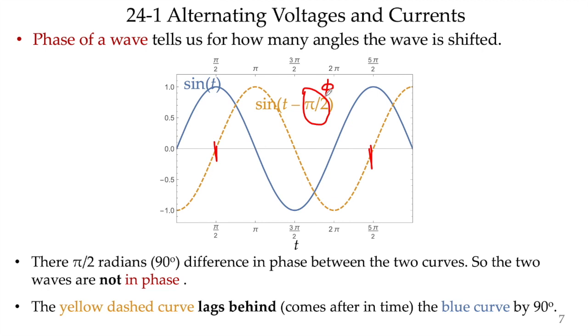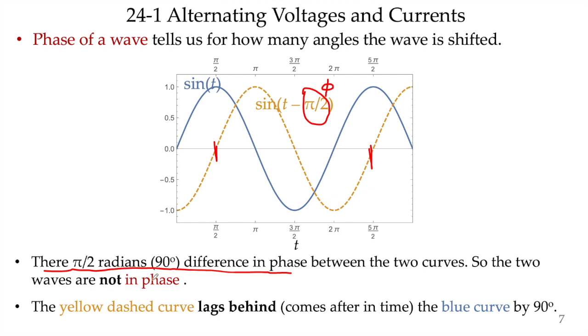So you can play with the phase phi, and you can shift the waves forward or backward, or to the left or to the right. So there is pi over 2 radians, or 90 degrees, difference in phase between the two curves.